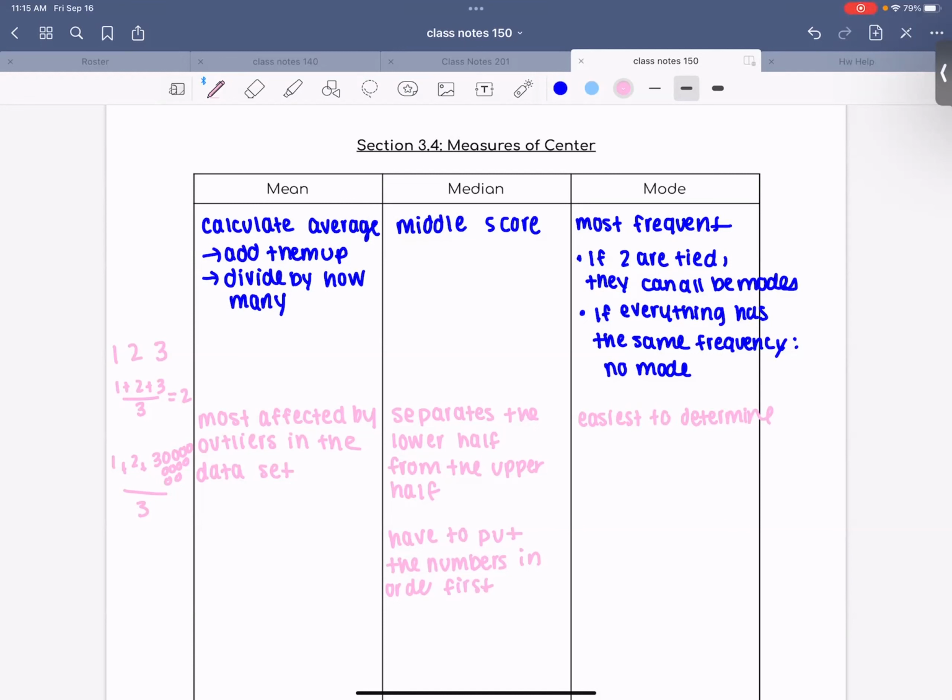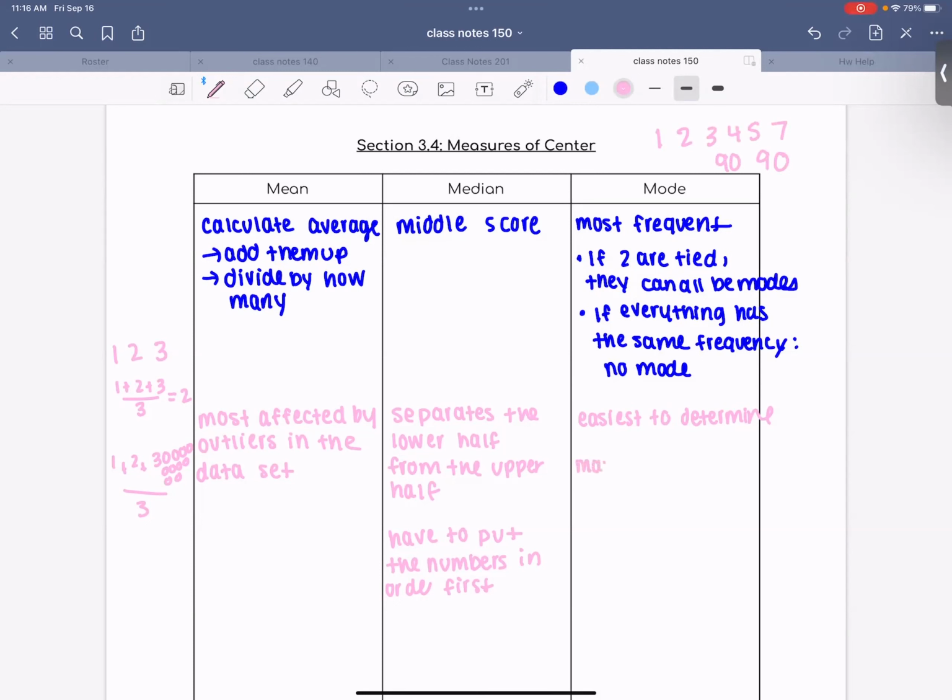For example, 1, 2, 3, 4, 5, 7, 90, 90. Now there's 2 90s, so 90 would be the mode, but 90 is not anywhere near the middle of the data set. The middle is going to be somewhere closer to the lower numbers, right? So I would say the mode may not be anywhere near the center.